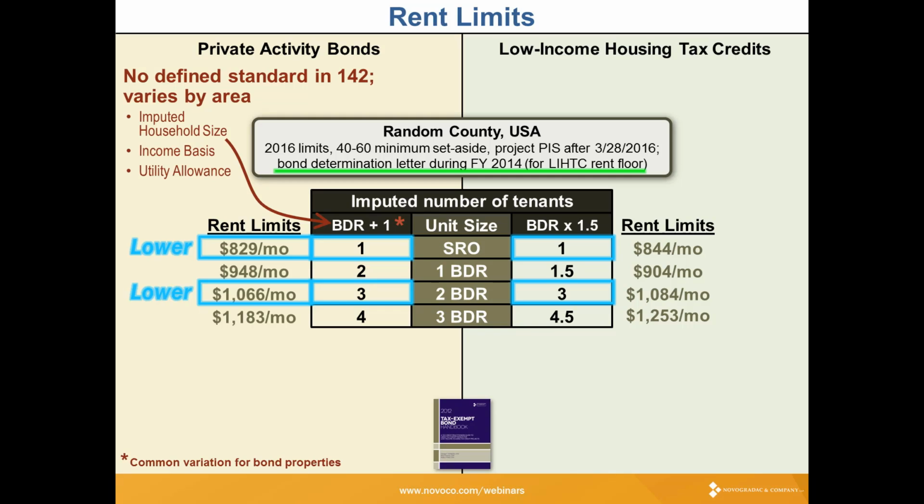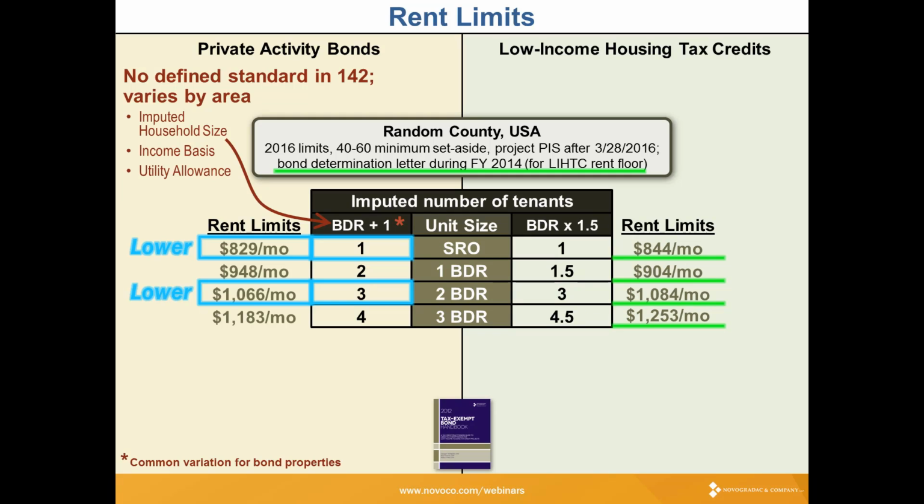So what we're showing here for 2 bedrooms and SROs, if they're both based on 1 and 3, is that the bonds are showing 1,066 and 829, that 844 and 1,084 means that tax credit numbers must have been higher back in 2014, and you're getting to benefit from those had you not been a bond property.